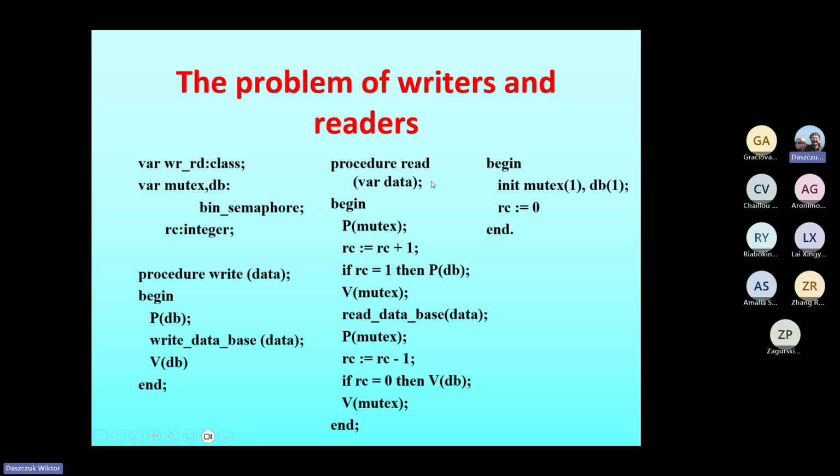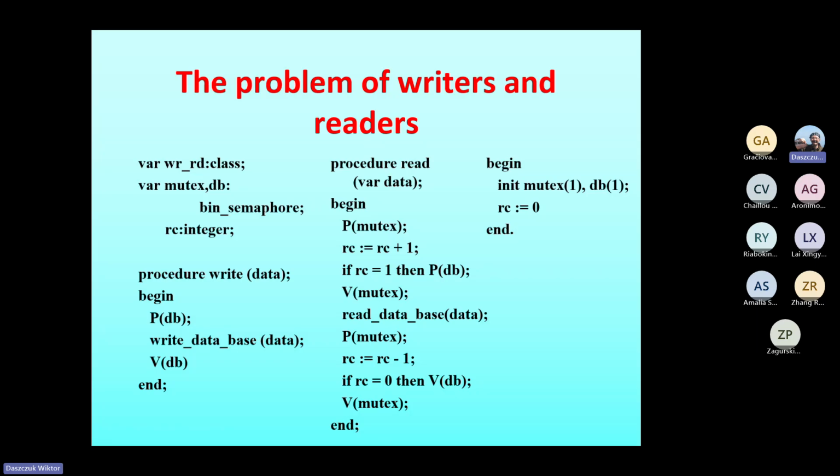The same in the reader: P of DB when we enter reading, V of DB when we finish reading. But how can we know that more than one reader reads?